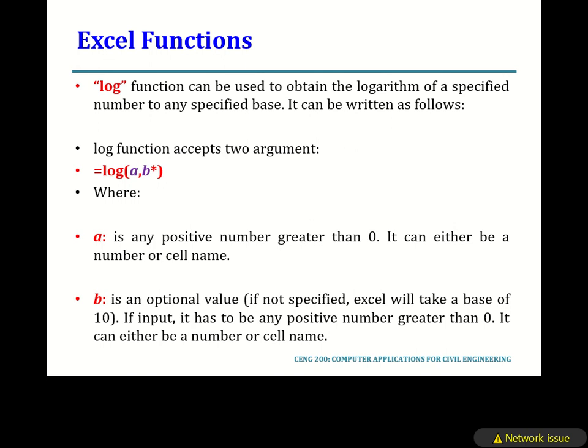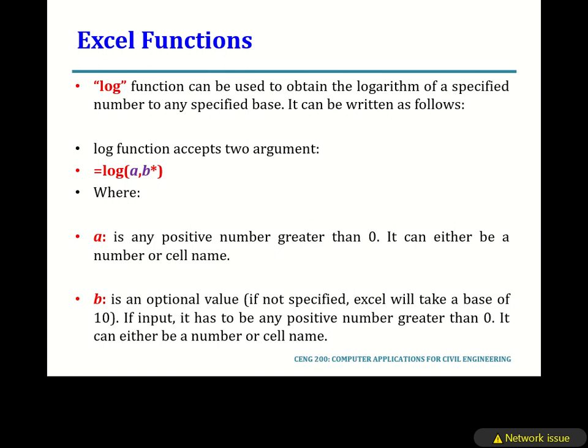Okay, try it. Do any log. Try it by putting the value of b and without putting the value of b. But as I said, don't use the asterisk. So equals log, then bracket, type a number or select the cell from which the number will come, comma, put a value of b.